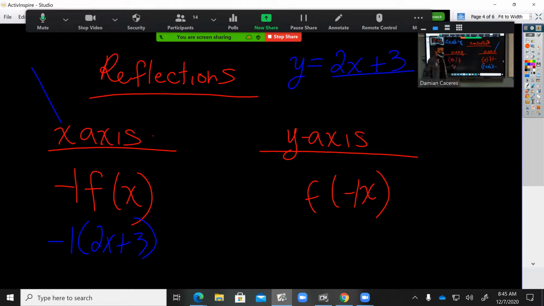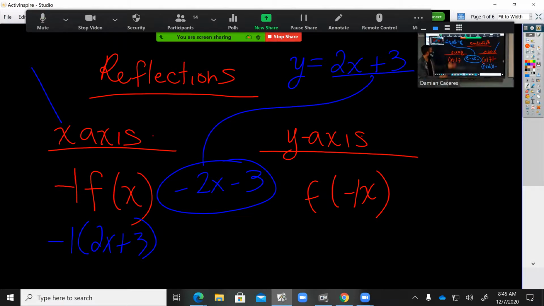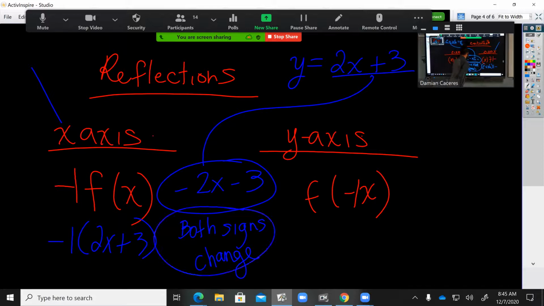If you multiply both by negative 1, it becomes negative 2x minus 3. Look at the original equation and look at what we have now. What happened to that? The numbers didn't change, but both signs change.